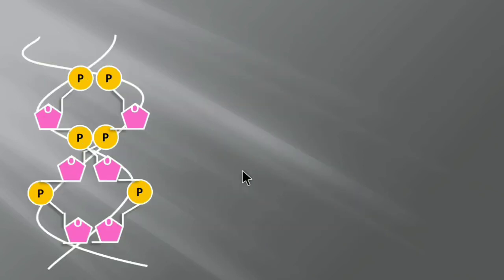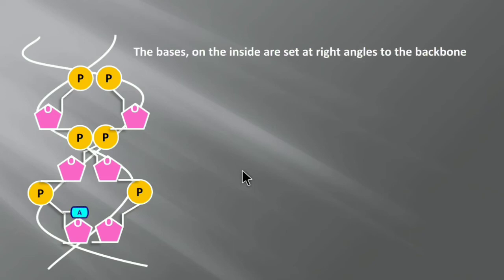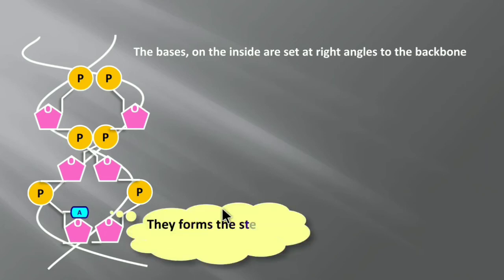You already know that the backbone is constituted by repeated sugar and phosphate, whereas the bases are projected inside at right angles to the backbone. So this is the backbone, and the nitrogen bases are projected inside.